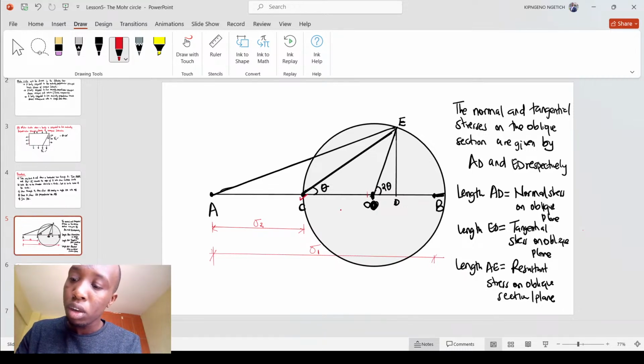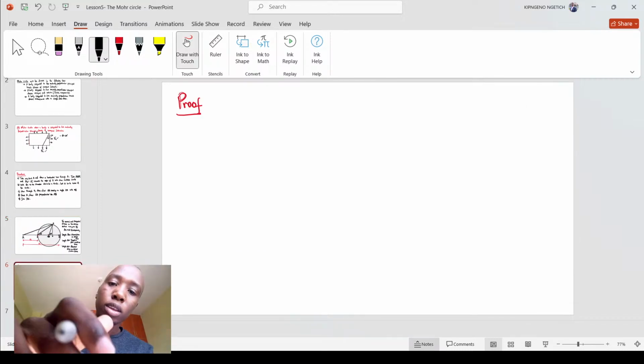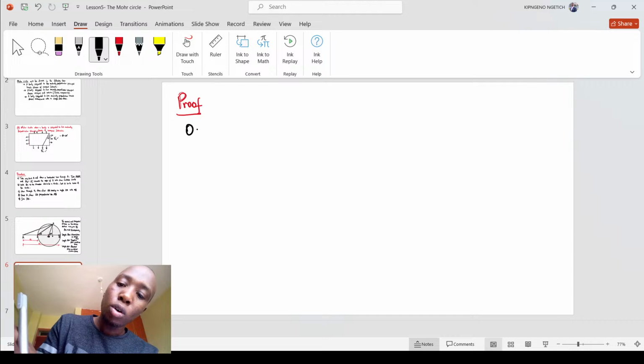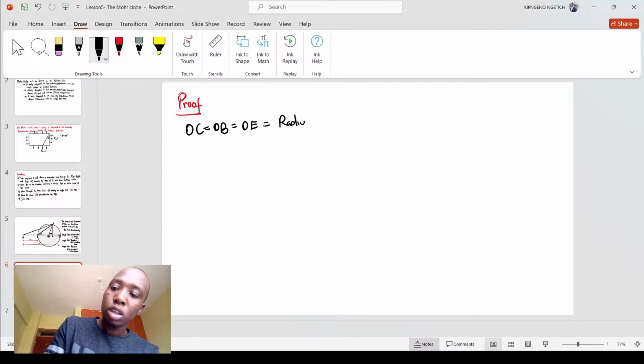CO, C to O, O to B. So OC is equal to OB is equal to OE is equal to the radius of the Mohr circle.